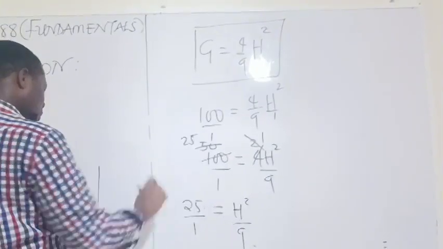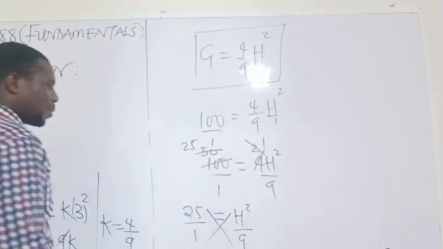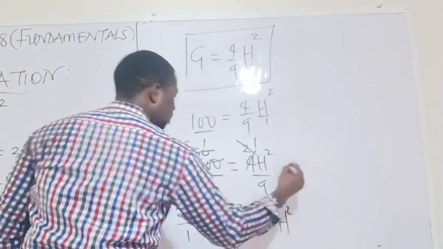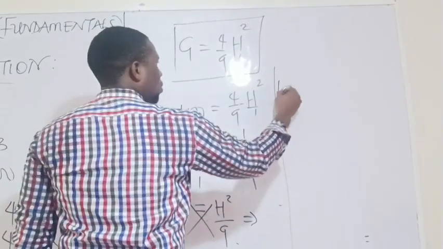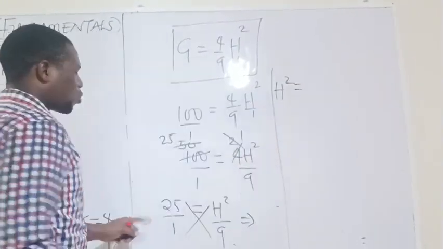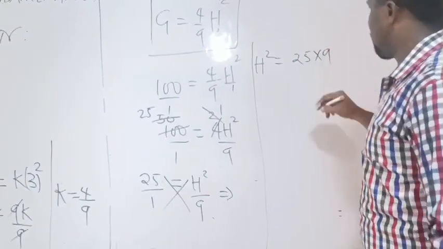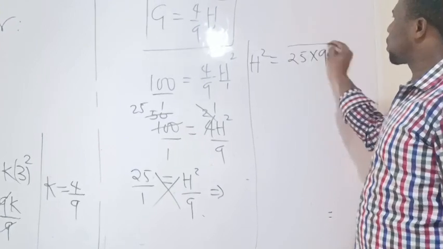Now I have two ratios on the right and on the left, so I could easily cross multiply. So H squared times 1 translates to H squared. And I have 25 times 9. So to find H now, I could square root both sides.